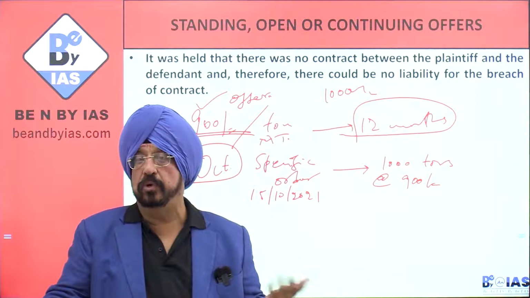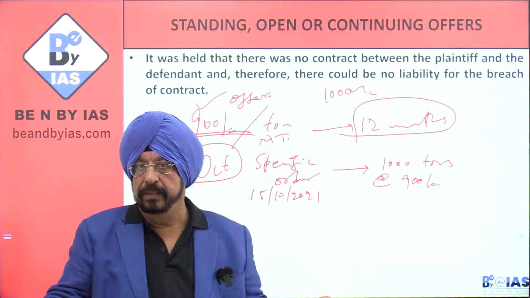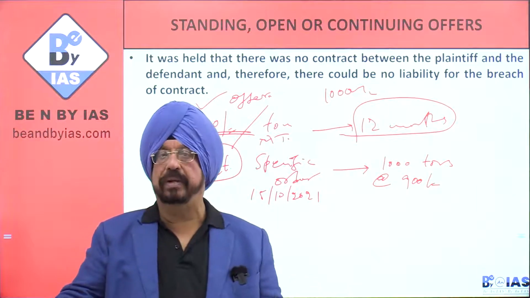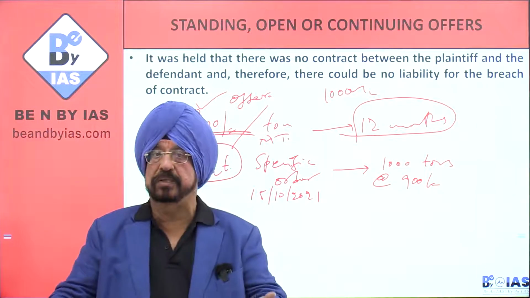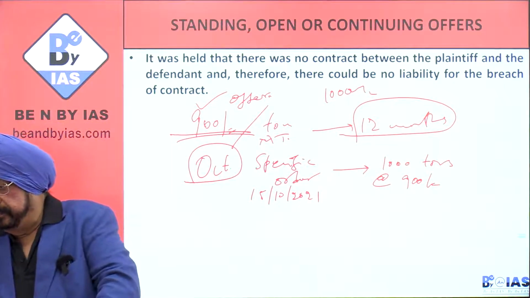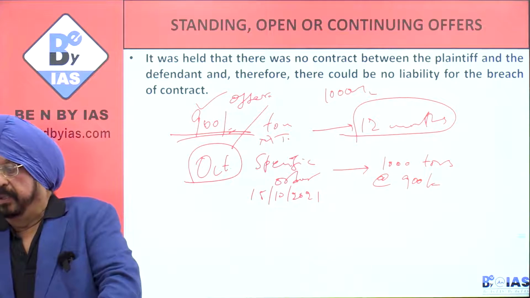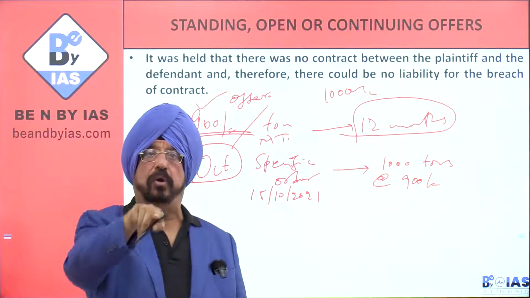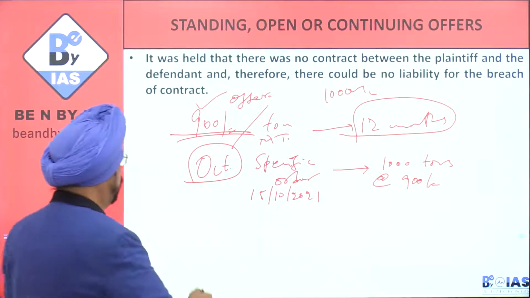That means he is revoking. So it is not a breach of contract because contract has not taken place. There can be a breach of contract once the order is placed.